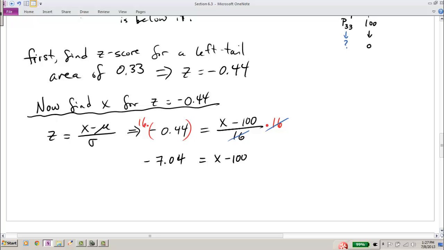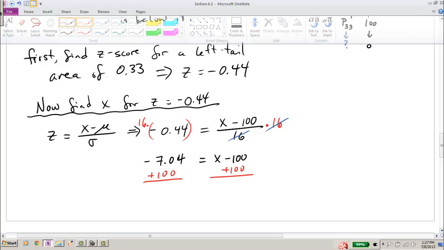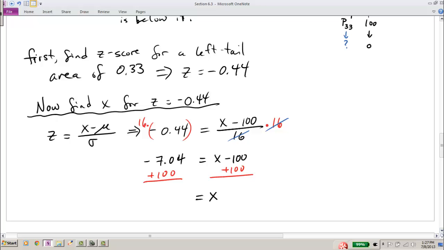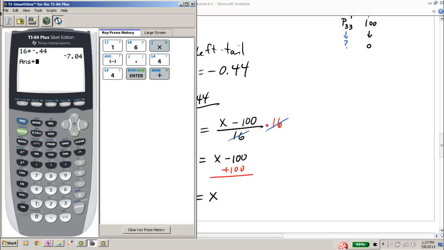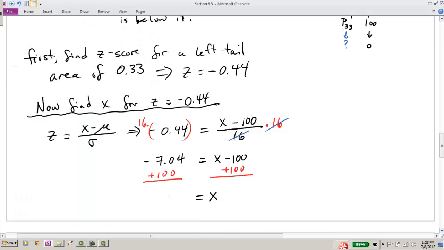And to finish this up, all I need to do is add 100 to both sides. So on the right side, I've got x. On the left side, negative 7.04 plus 100 is 92.96. And that is our IQ score. So that's our 33rd percentile.